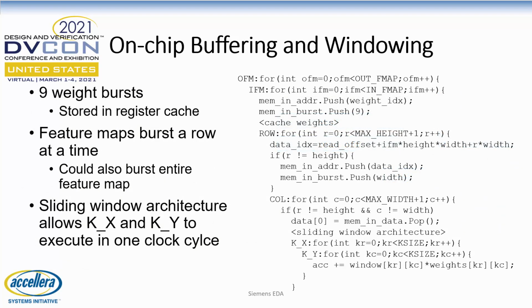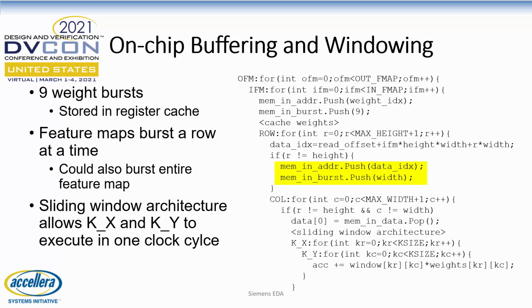Our SystemC MatchLib design, shown on the right, has now been modified to perform a 9-weight burst for each input-output feature map combination. The weights are read and then stored in a register cache, which will allow them to be accessed in parallel.